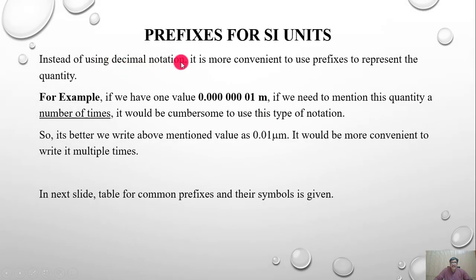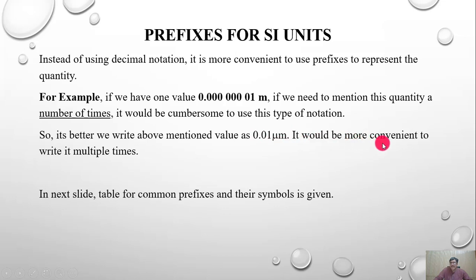Instead of using decimal notations, it is more convenient to use prefixes to represent the quantity. For example, if we need to mention this quantity a number of times, it would be cumbersome to use this type of notation. It will be difficult for us. So it's better we write the above mentioned value as this, as we discussed in the previous slide.